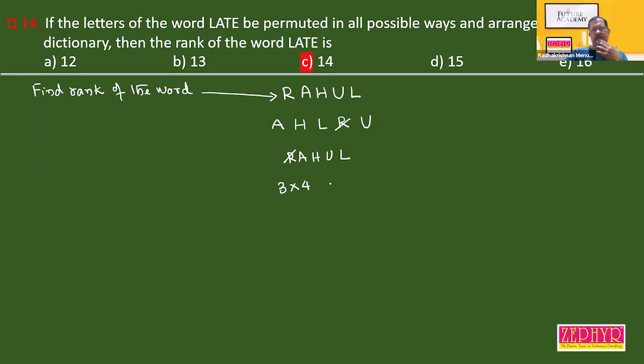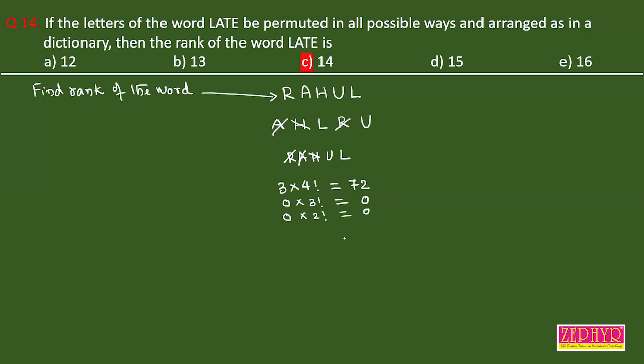Subtract 1, so 3 into 4 factorial, it is 72. Now you cut A. No letter on the left of A. 0 into 3 factorial. The next, no letter on the left of H. 0 into 2 factorial. So 72.